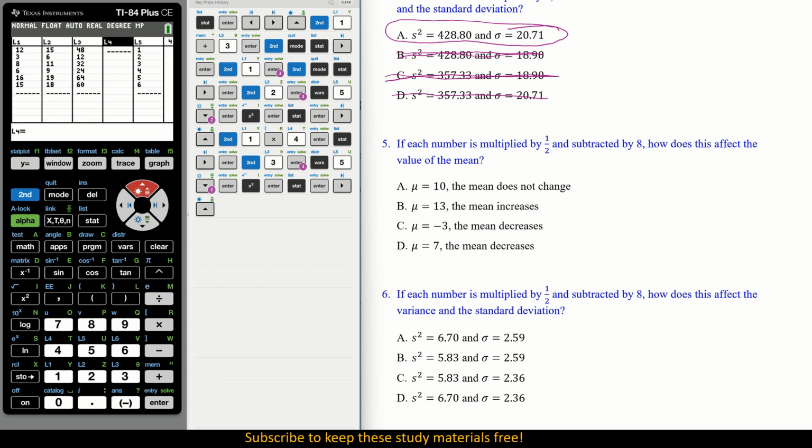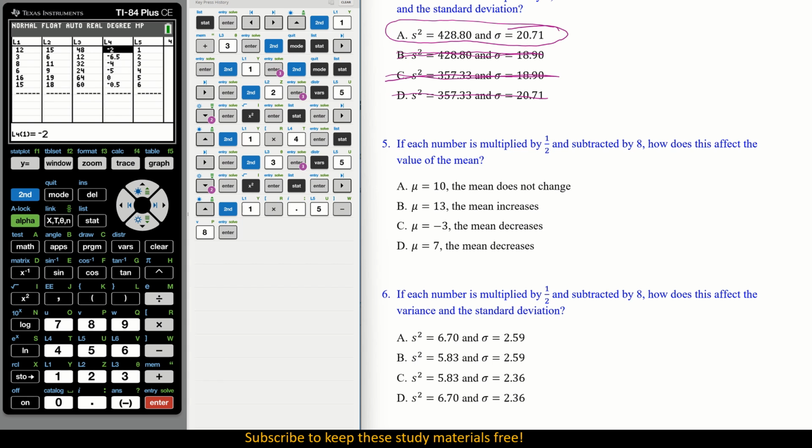Highlight your L4, and we need second 1, and we're saying let's take the first list. I think with order of operations we'll be okay. We can multiply it times 0.5, which is easiest, and then subtract the 8, and that's what it says to do. Now we need to enter, and that looks really good.